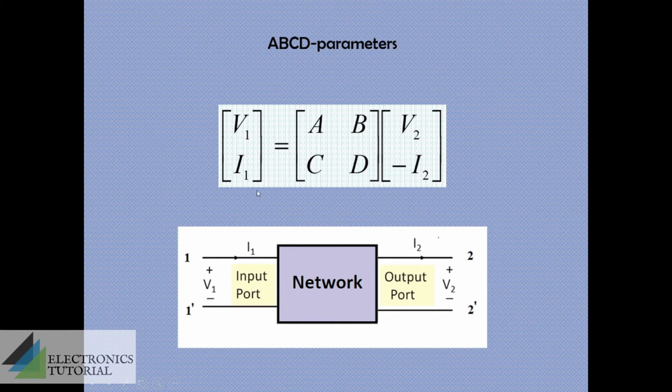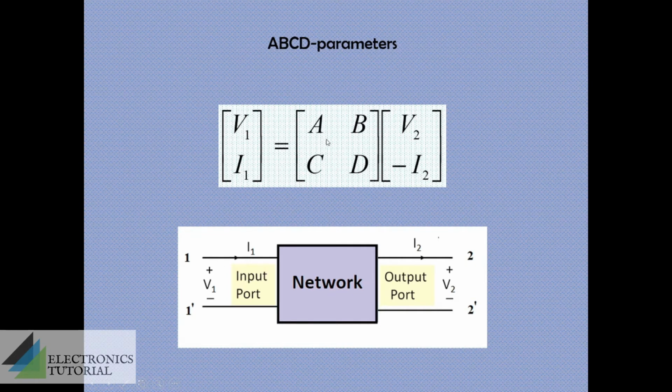The first matrix represents the values in the input side, that is V1 and I1. And the last matrix represents the output port. And here the speciality in the current direction is highlighted with a negative sign.